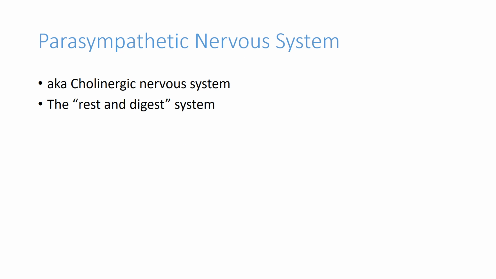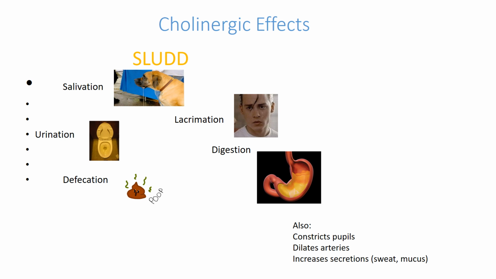Now, the parasympathetic nervous system is also known as the cholinergic nervous system, and this is our rest and digest system. A good way to remember the effects of the cholinergic nervous system is the acronym SLUDD.